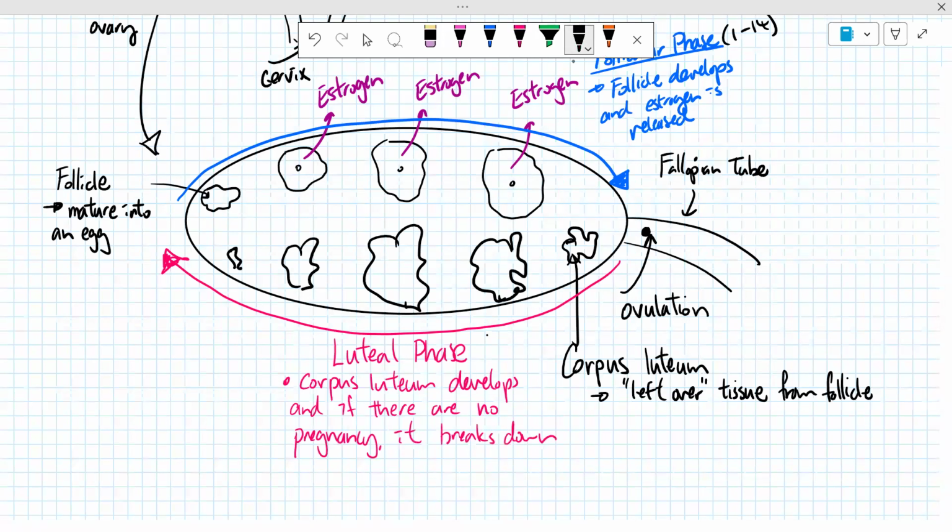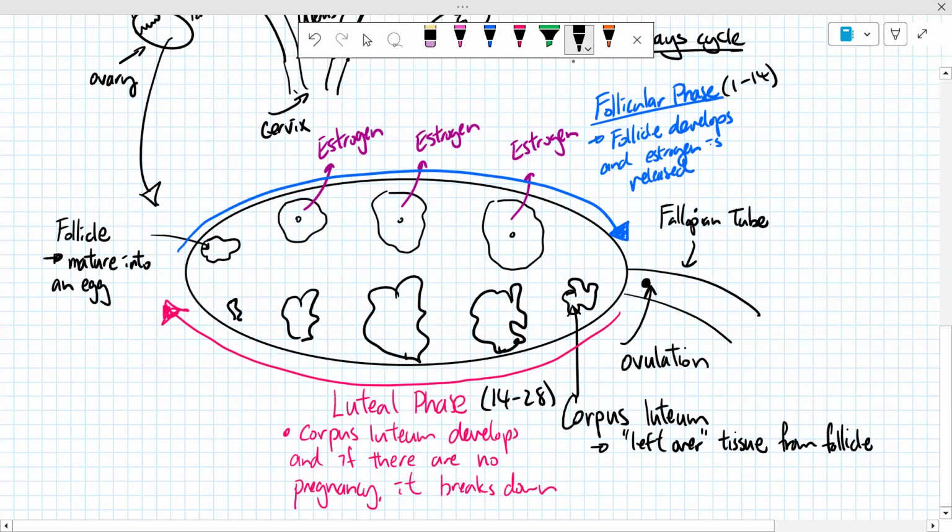So this would be like 14 to 28. The follicular phase can be longer, but based on my understanding, the luteal phase is always going to be 14 days before the menses. So your first day of your period, count 14 days back. That's when ovulation had occurred.